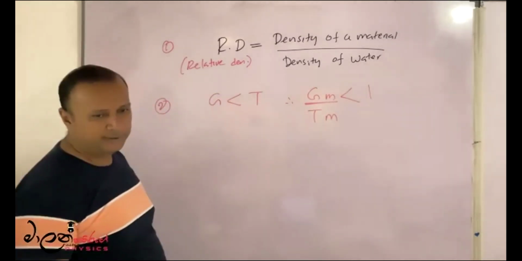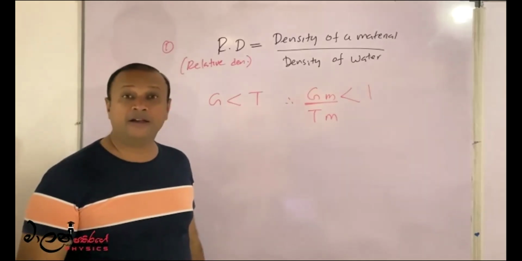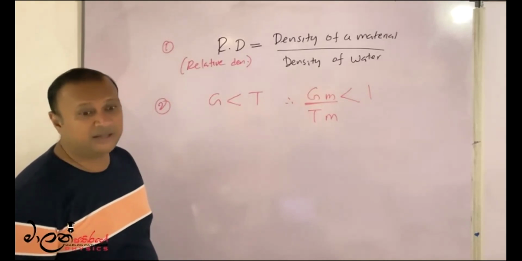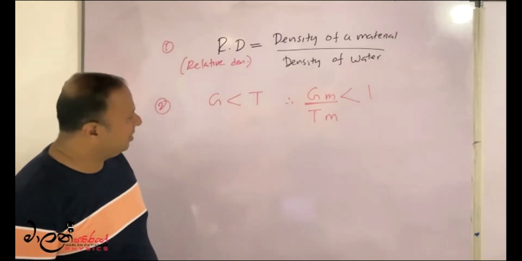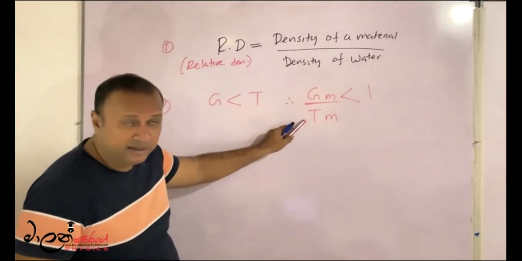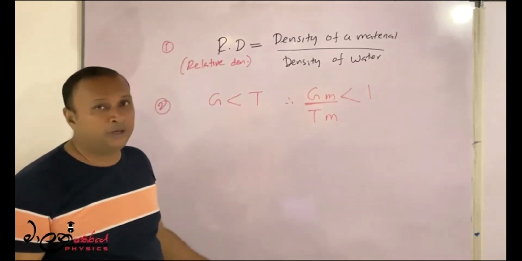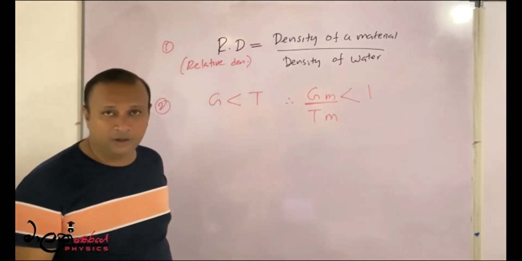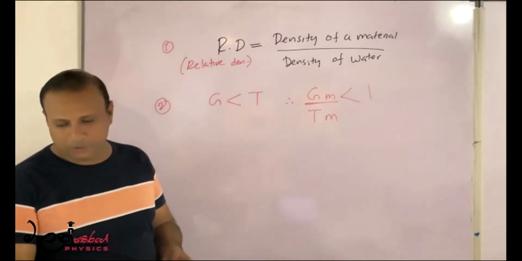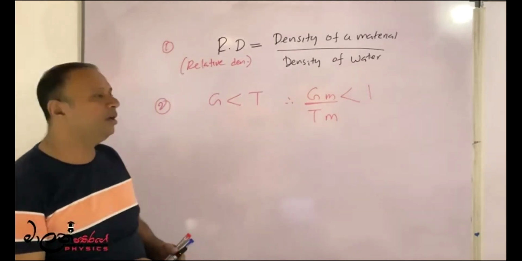It should be a decimal point value, because gigameter is the lesser one and terameter is the higher one. Therefore, definitely this should be less than 1. So no need to calculate the others. This cannot be equal to 1000.